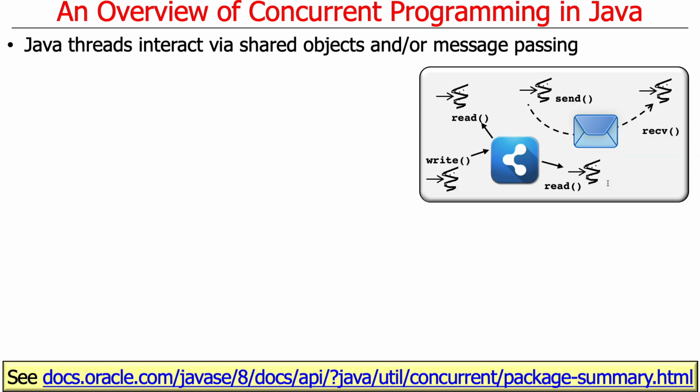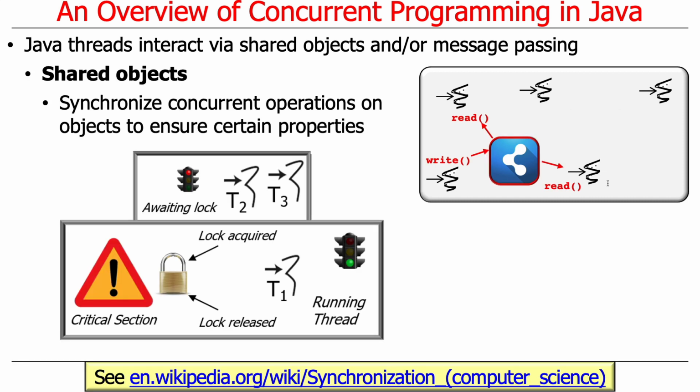As I mentioned before, threads interact by shared objects or message passing. And shared objects are used to synchronize concurrent operations via objects to ensure certain properties hold. And the key concept here in a nutshell is this concept of a critical section. And the synchronizers are typically used to ensure that only one thread is running in a critical section at a time.